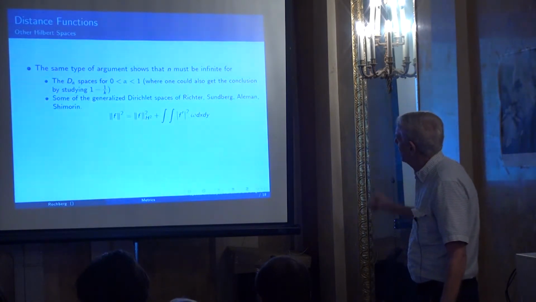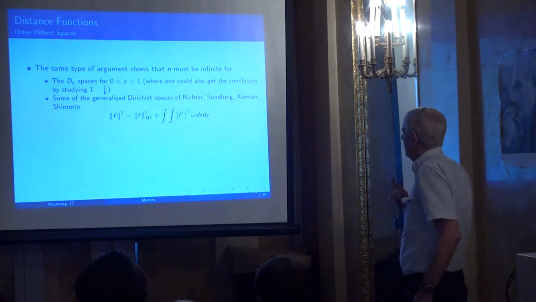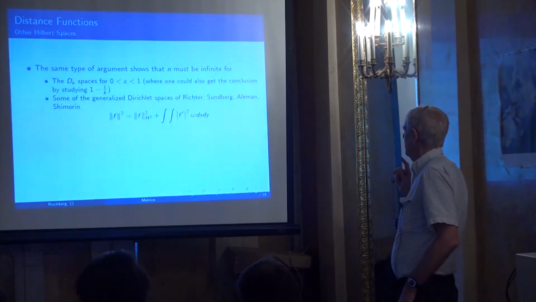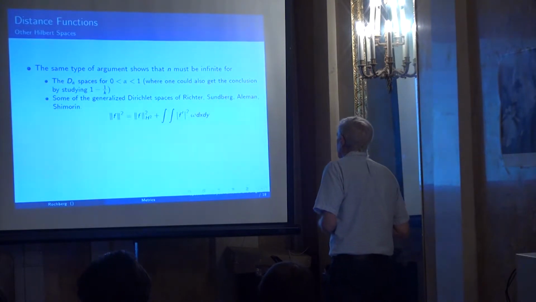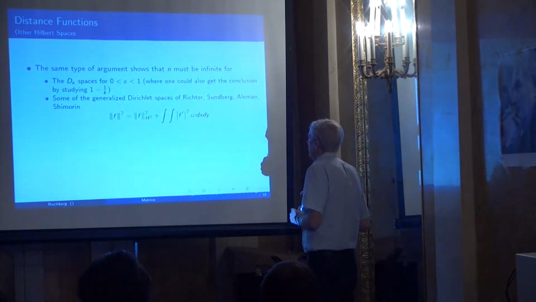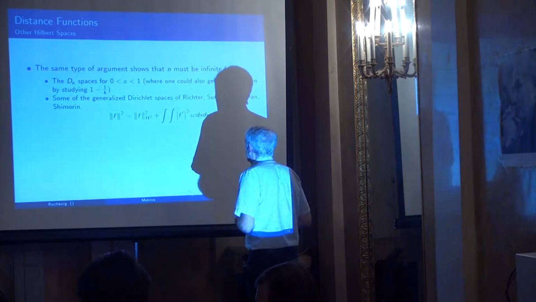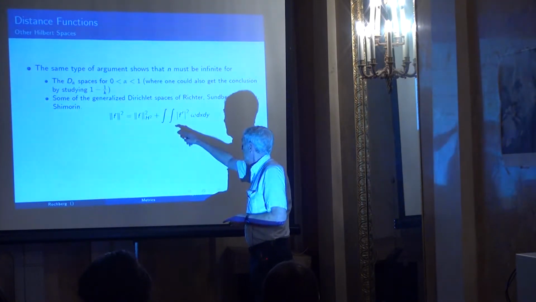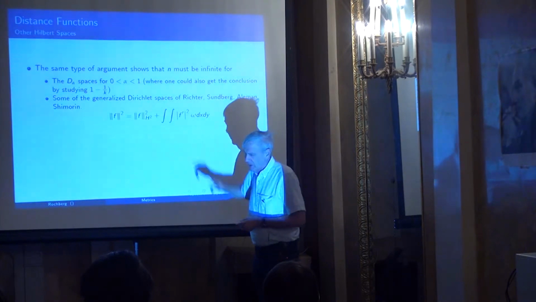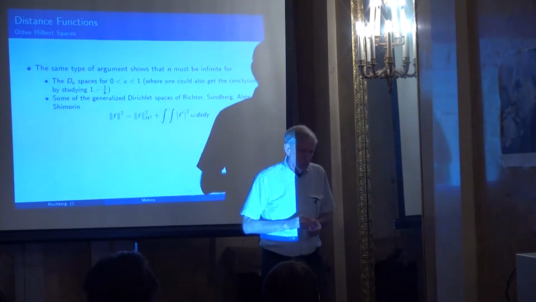More interestingly, you can get away from the Dirichlet spaces to some general spaces of Dirichlet type. Richter, Sundberg, Ellman, Shamorin have investigated spaces where here's the core of the norm for the Dirichlet space, the norm squared, with omega equals 1, but there are other choices for omega.